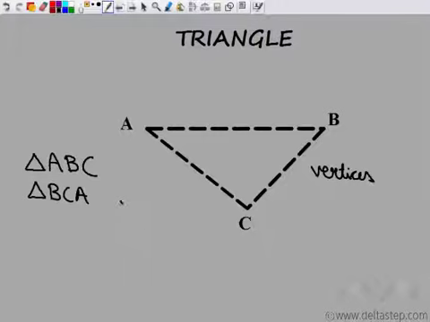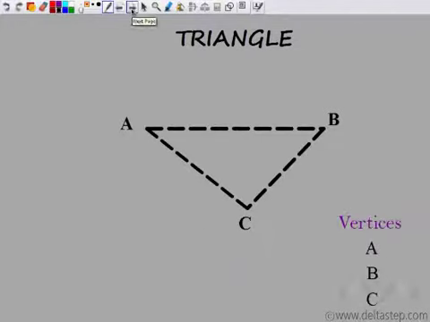So even if I have this as a triangle with vertices say X, Y, Z, even then I'll use this symbol to denote it, because this is just a shorthand notation for the word triangle and not the shape of the triangle. So this is triangle XYZ, or you can write YZX, whatever. The order in which you write the 3 vertices does not matter. So we have a triangle with 3 vertices here.